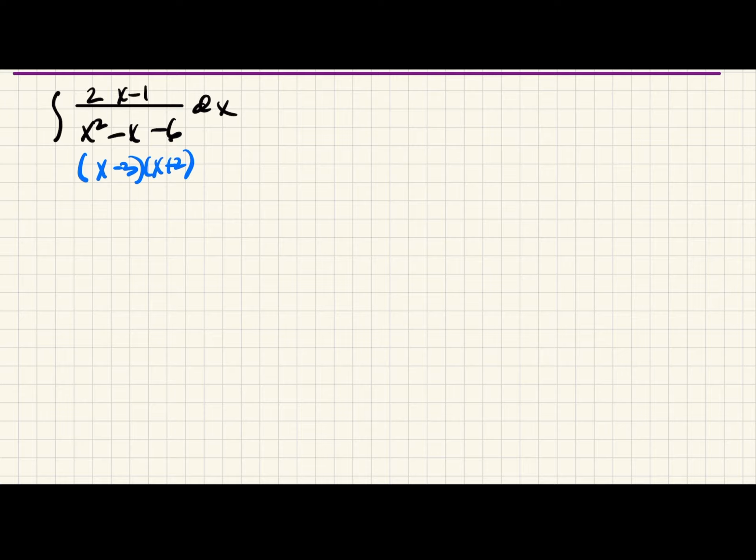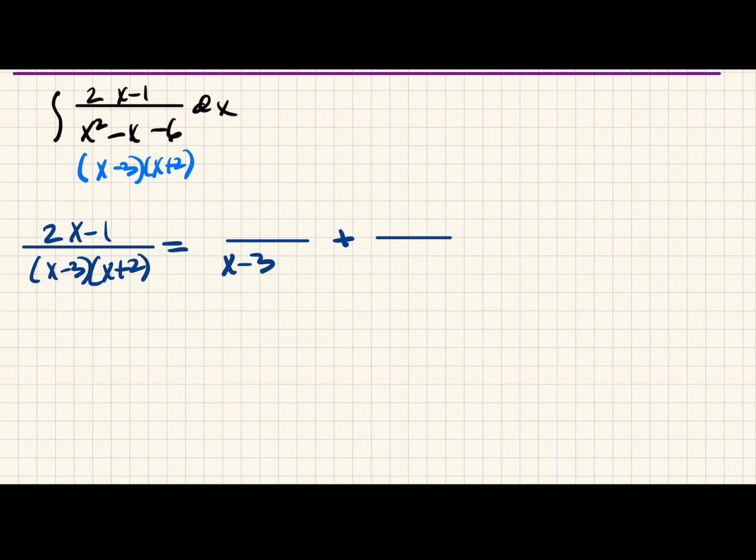Okay, so now I'm just going to look at this by itself. Take away the integral for right now. I'm going to look at 2x minus 1 over x minus 3, x plus 2. What we saw before was that we had two fractions, one with a denominator of x minus 3 and one with a denominator of x plus 2. Now, what was in the top? Well, some numbers, right?